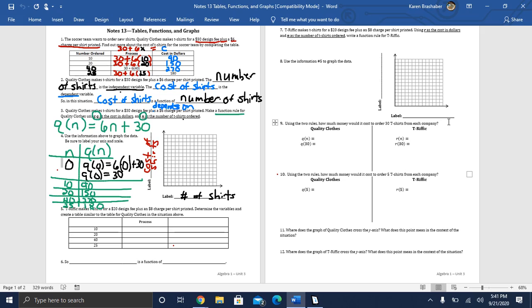So if we count by fives on the x-axis, that's our number of shirts axis, we could get up to 40. Now, always the corner is 0, 0. Whenever you're dealing with money and numbers of items, you're using just the first quadrant. So we just have this top right corner of the graph.